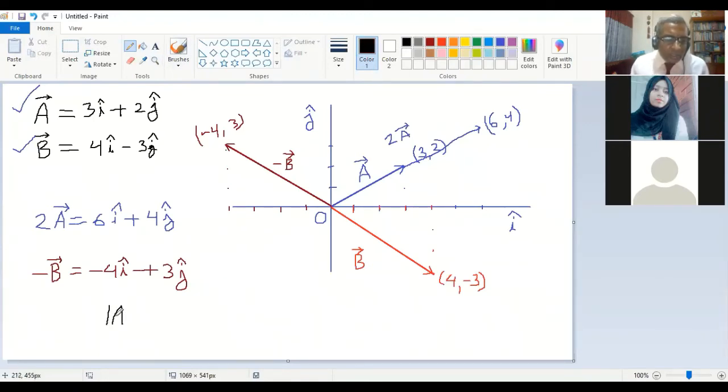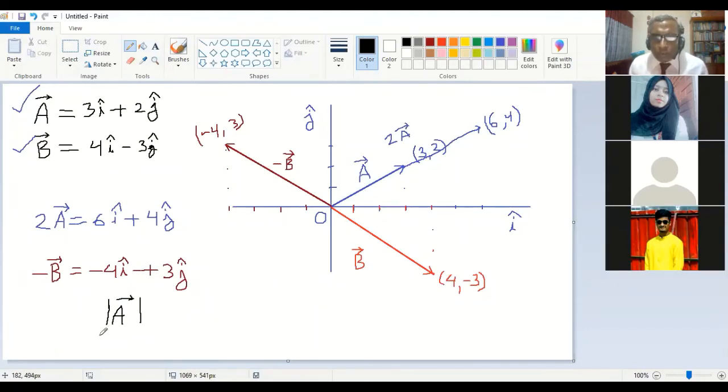I am writing in the lower part. This is the length of the vector, or you can say value of the vector, or magnitude of the vector. The formula is root over 3 square plus 2 square, all values squared and then added.